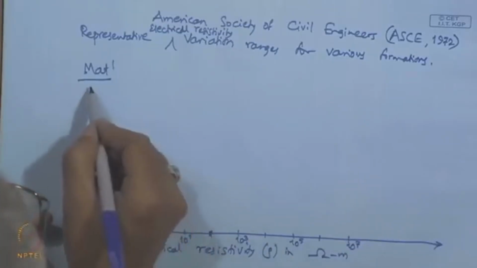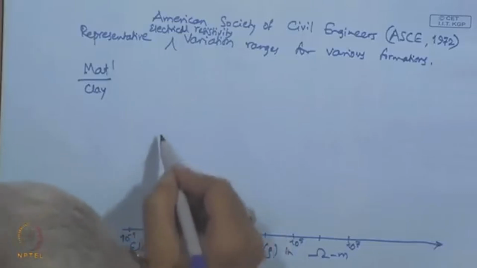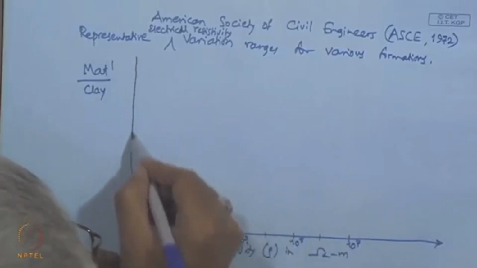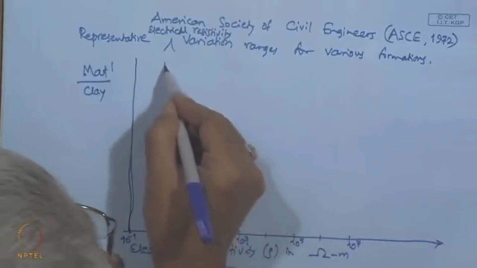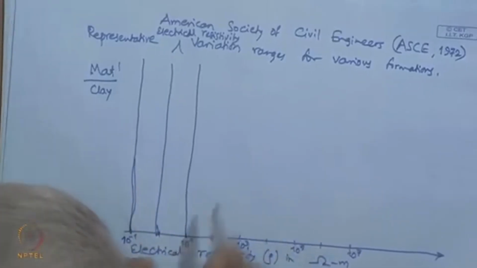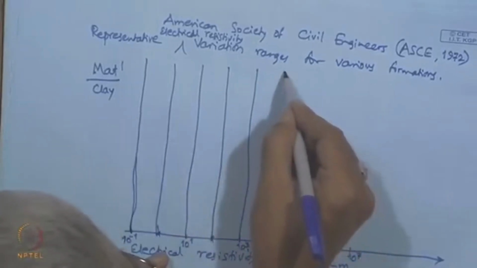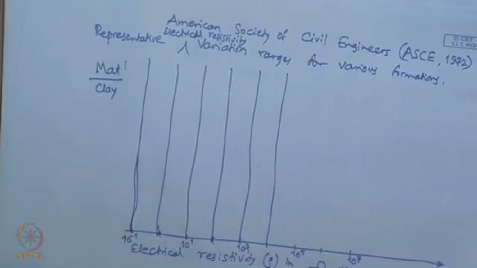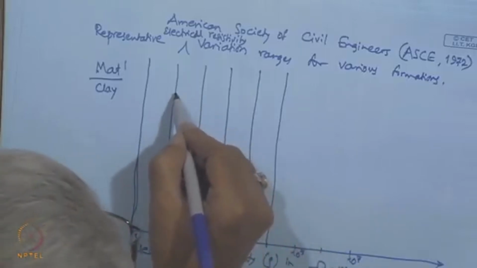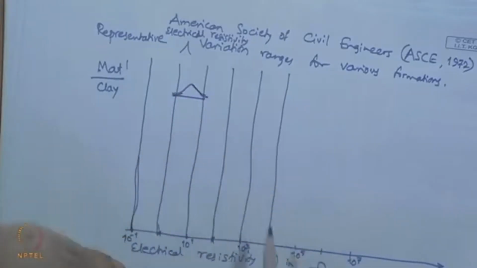In this case, we have clay, whose electrical resistivity varies in a more or less symmetrical variation, in the range of 10 to the power 0 to 10 to the power 1.